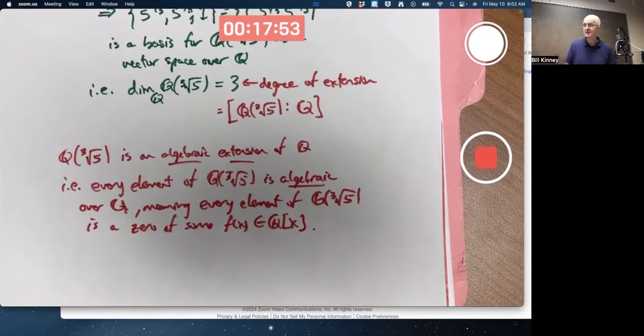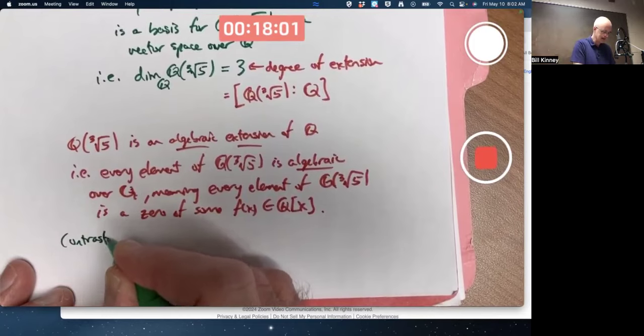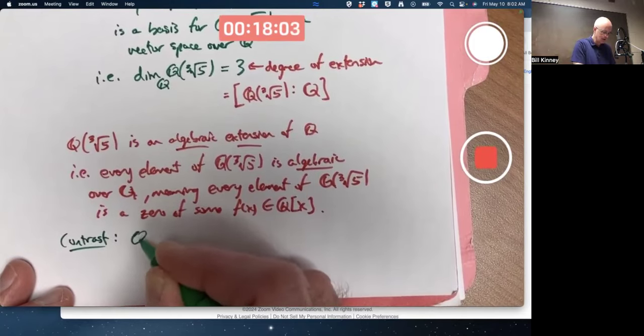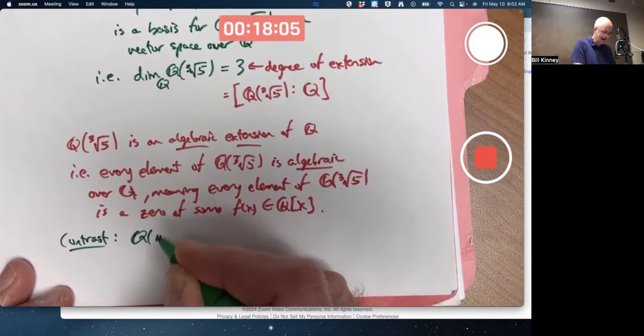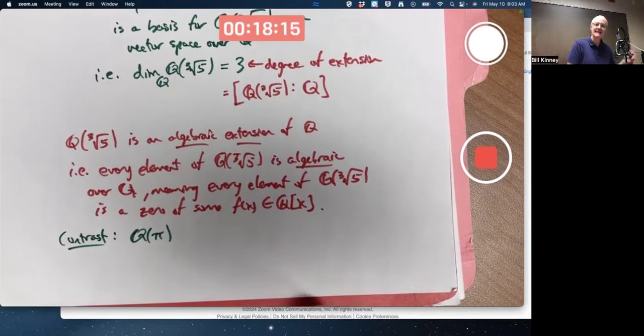We can contrast this with non-algebraic extensions, which are called transcendental extensions. Here's a contrast. Q adjoin pi. The number pi, which you've known about since 4th, 5th, 6th grade, is not an algebraic extension of Q. It is still the same notation as before.